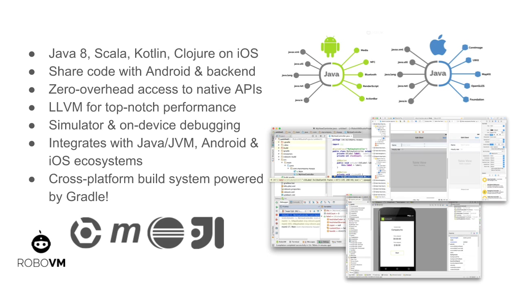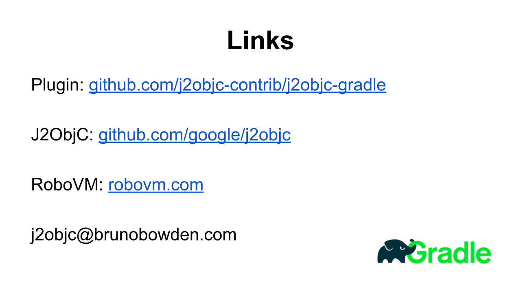It can also work with Java 8, Kotlin, Clojure, and so forth. There's a bunch of detail there, but here are all the links for you to follow up on this, including my contact information.